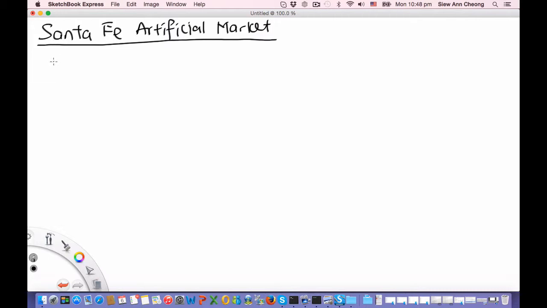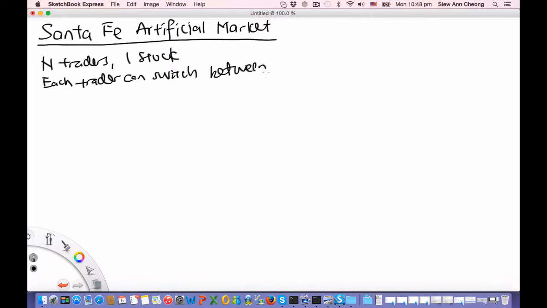One of the earliest ones to be developed is the Santa Fe Artificial Market, in which there are N traders trading one stock. Each trader is intelligent, and they can switch between different trading strategies.